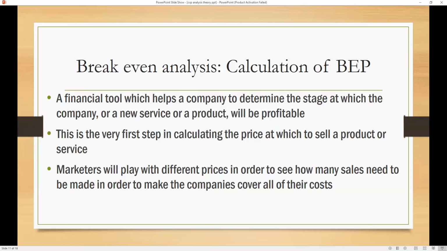It helps marketers play with different prices to see how many sales need to be made in order to cover all their cost, because your selling price should cover the cost and has to gain the profits.